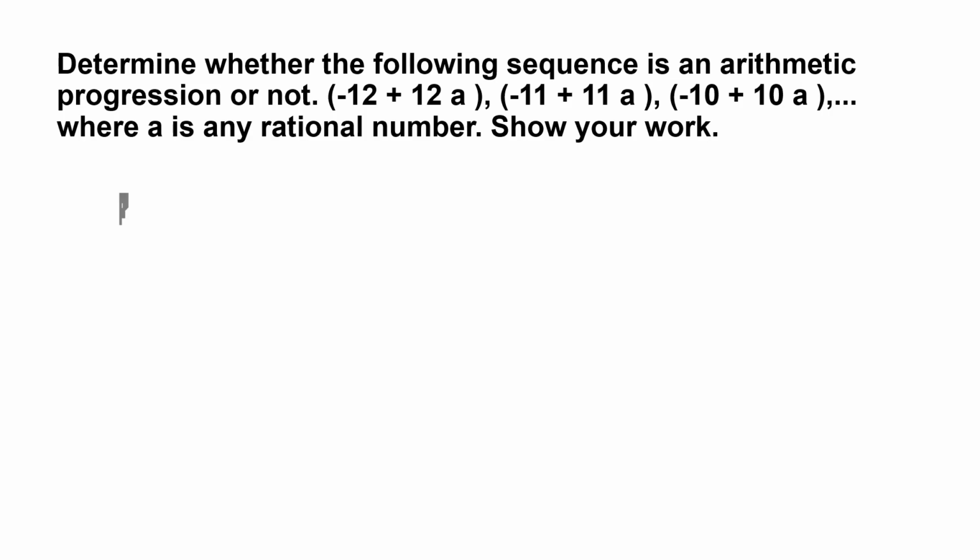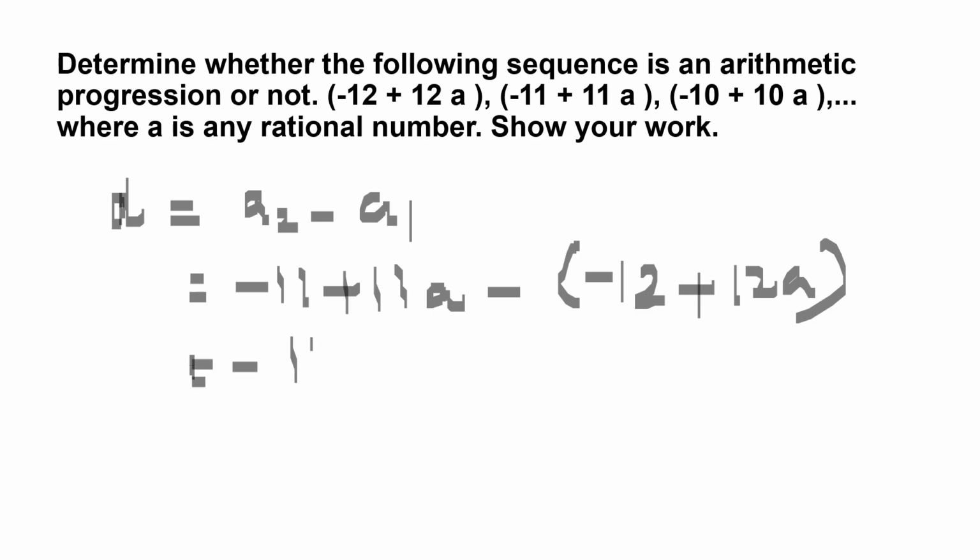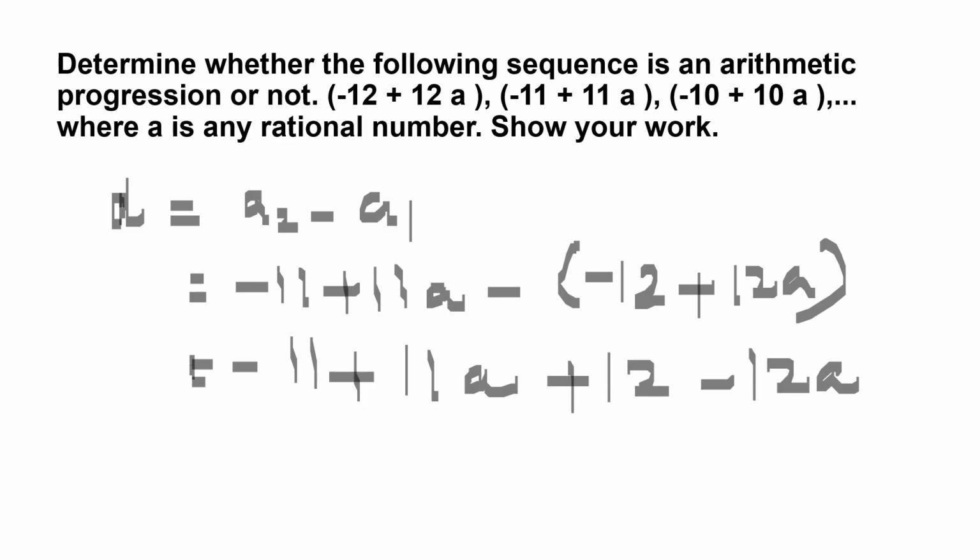To find the common difference, we can take a2 minus a1, the difference between the second and the first term: minus 11 plus 11a minus of minus 12 plus 12a. So minus of minuses is plus, and minus into plus is minus 12a.